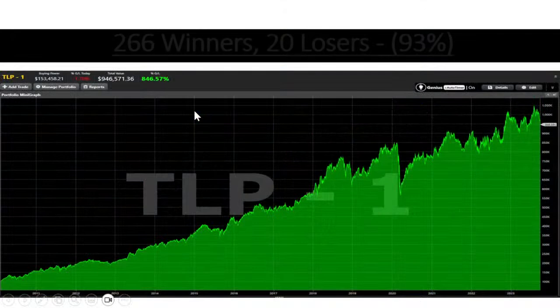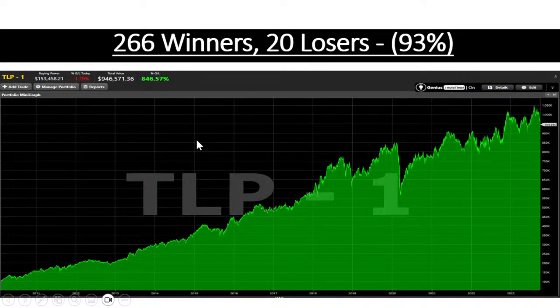Also, you will get the automated RSI2 trading system that has produced 93% winning trades and 846% over the last 13 years, where the VVC has only gone up 148%. With an automated trading system, there are some variables in there, right? How many stocks does the portfolio hold?